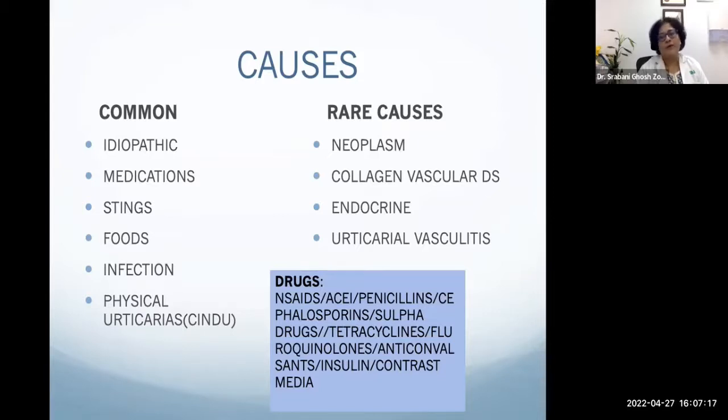We are unable to find any cause for these lesions. And of course, you have to look for medications, stings, foods, and infections. Physical urticarias means physical factors can aggravate these urticarial lesions. And don't forget the rare causes like neoplasm, collagen vascular disease, endocrine causes, and arterial vasculitis.